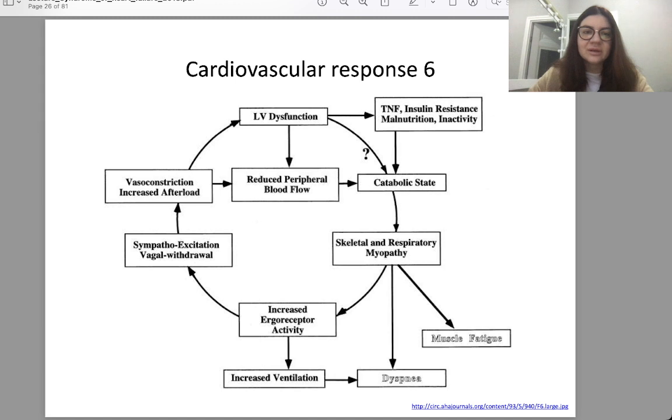In another way, it leads to reduced peripheral blood flow, skeletal and respiratory myopathy, that can lead to dyspnea, muscle fatigue, and increased ergoreceptor activity, which in its own way leads to increased ventilation and dyspnea too. Increased ergoreceptor activity results in sympathoexcitation and vagal withdrawal, leading to vasoconstriction, increased afterload, and reduced peripheral blood flow, and like a pathological cycle, it leads to worsening left ventricle dysfunction.